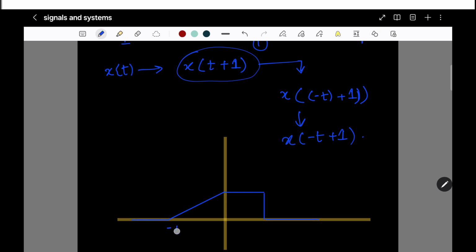So this is minus 1, this is 1, 0, this is 1, and this is the time axis, and this is minus t plus 1.